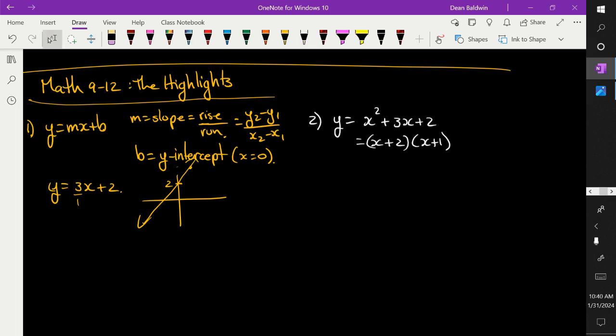Why is it good to factor? What information does it tell you? X-intercepts. Yeah, whoever said that. X-intercepts. What are the x-intercepts here? -2, -1. What shape is a parabola? Not a V, but it's that shape.